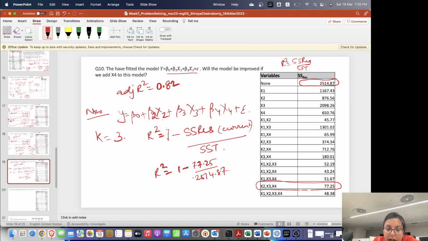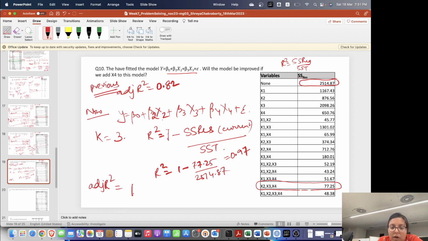This is 0.97 approximately. Okay. Previously it was 0.85. This is 0.97. Now we have to find out what is the adjusted R square for this model. This was for the previous one.